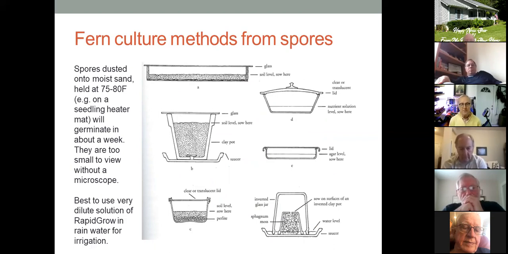Certainly I had my major professor coaching me in terms of what to try, but now there are several containers that I'm showing here. And if you dust spores onto moist sand and hold them at a fairly warm temperature, 75 to 80 degrees Fahrenheit, for example, using your seedling heater, they will germinate in about a week.